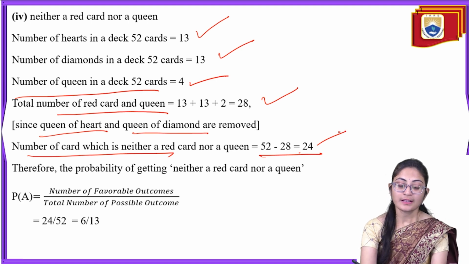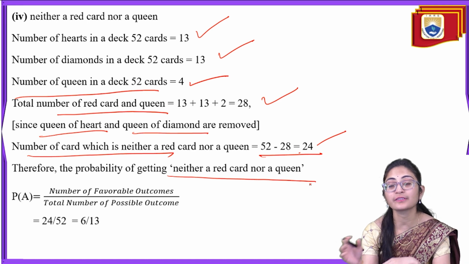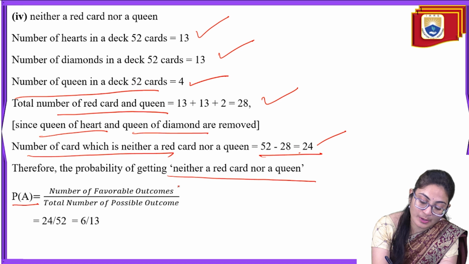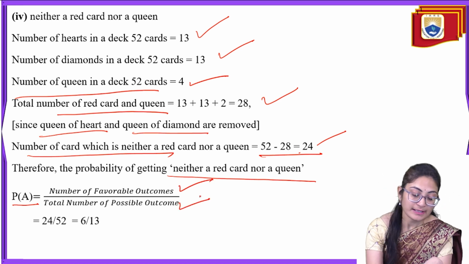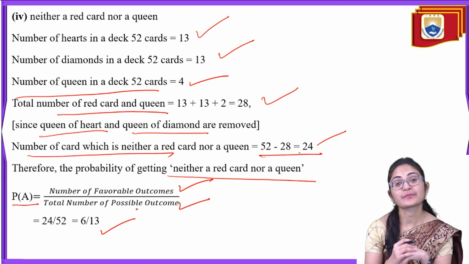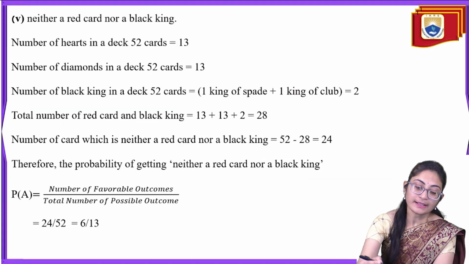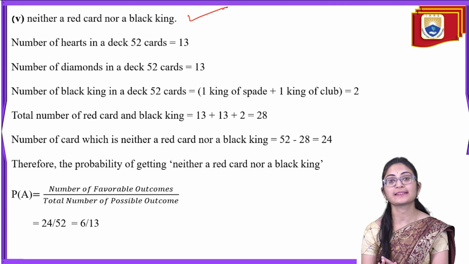So the probability of getting neither a red card nor a queen is the number of favorable outcomes over the total number of possible outcomes, that is 24 divided by 52, 6 by 13.